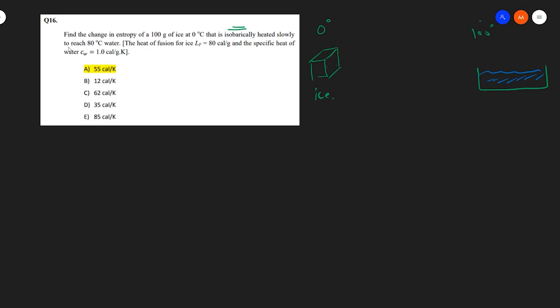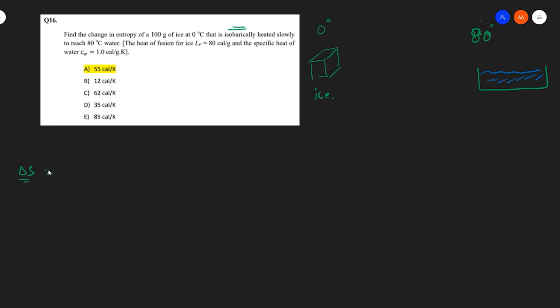It is heated slowly to reach, oh sorry, why did I write 100 degrees? It's 80 degrees Celsius. It says here, heated slowly to reach 80 degrees Celsius. The heat of fusion of ice is given. Find the change in entropy. I want delta S.